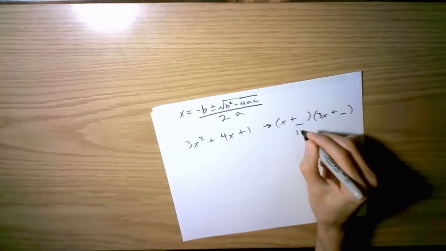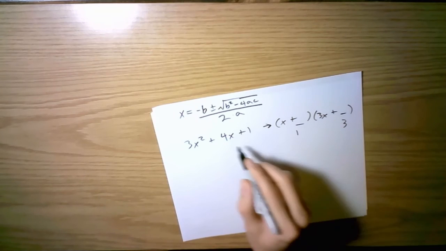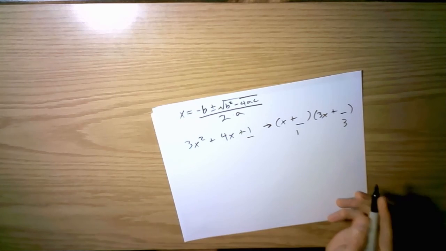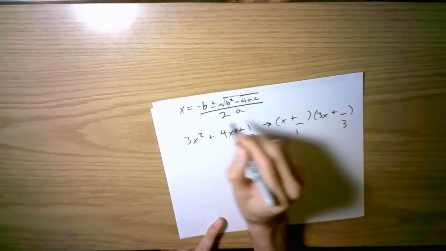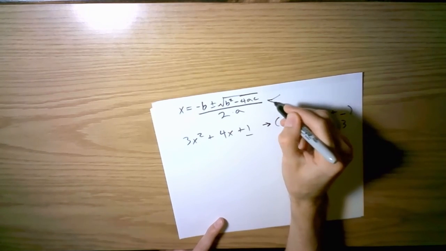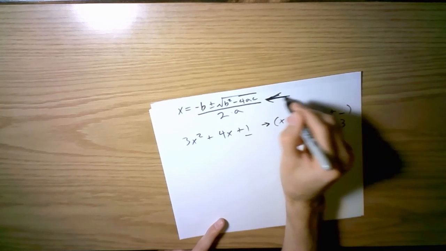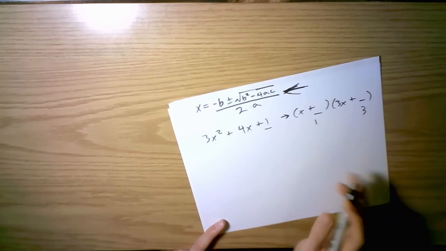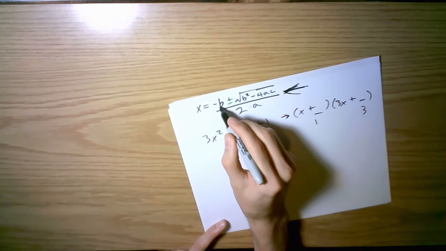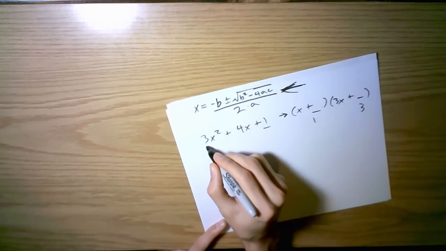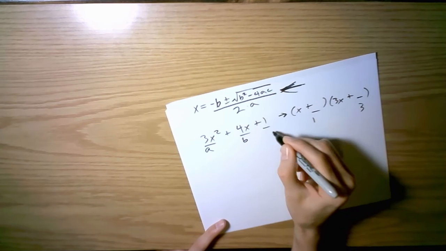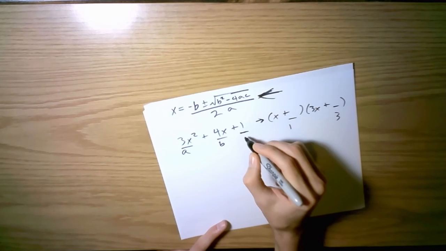Like 1 and 3, that doesn't multiply to equal 1, so that doesn't work. If you can't figure it out, you can always go to the quadratic equation. It's pretty useful if you understand how to use it. First term, 3 represents a, second term, 4 represents b, third term, 1 represents c.